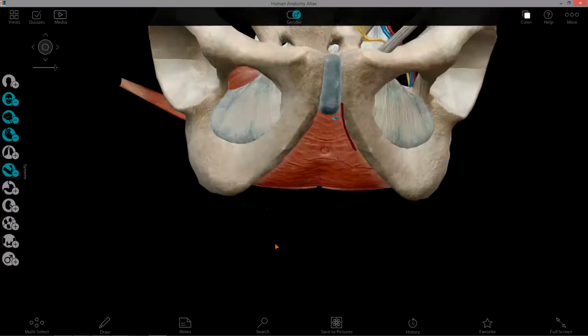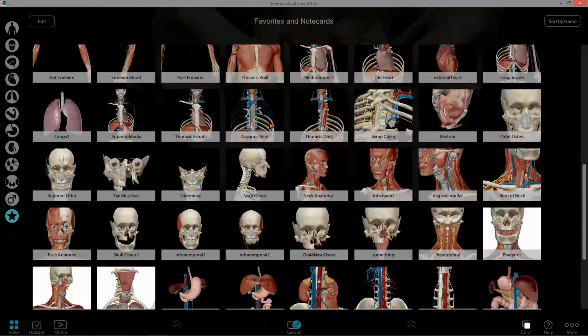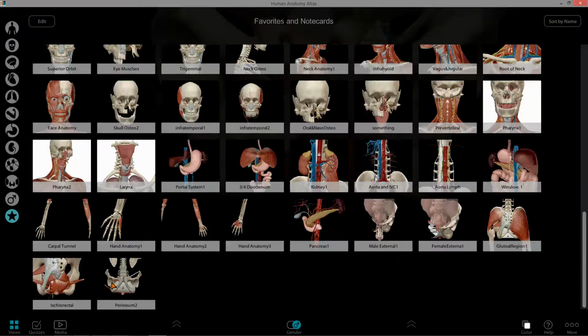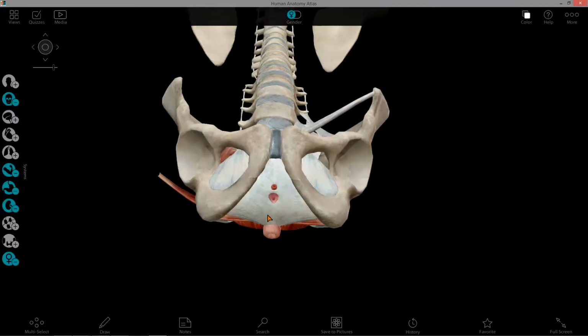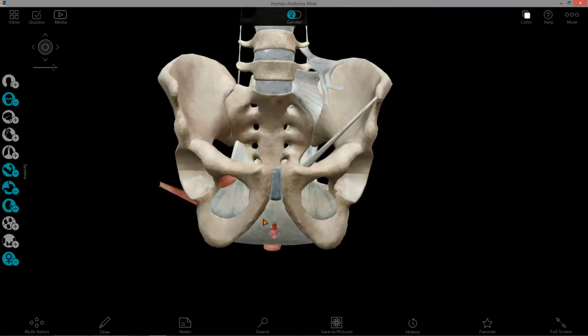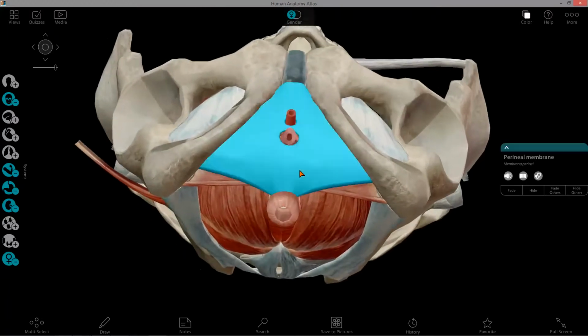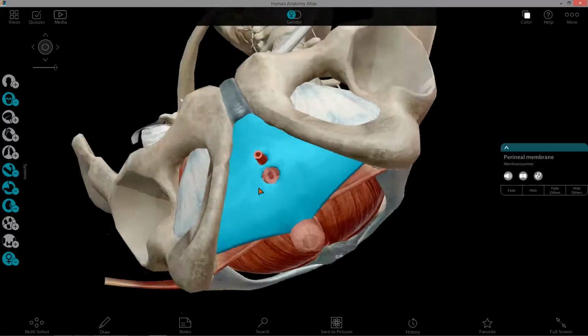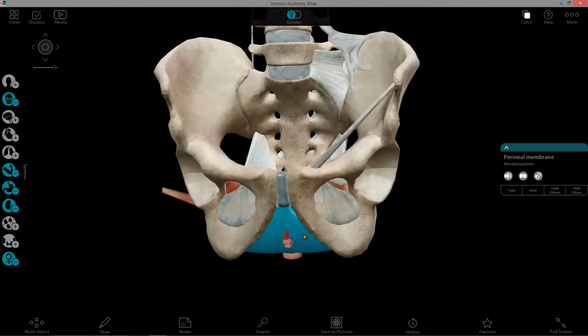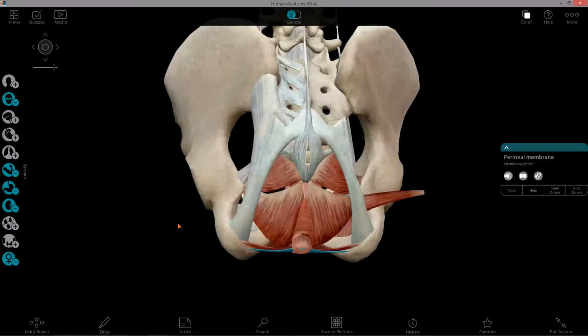So I'm just going to pull up another view for us right here. And then once again, an anterior view and rotating to that similar view we had before, but now I've added the perineal membrane. Sorry to rotate around like this, but I just want to show you something.